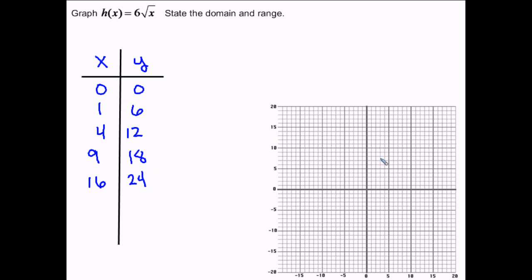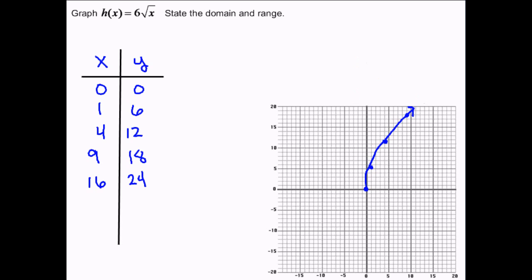I can't even go that high on this particular graph. So 1 gives me a 6. 4 gave me a 12. 9 gives me an 18. So you can see I've stretched that even higher. I actually can draw the curve.